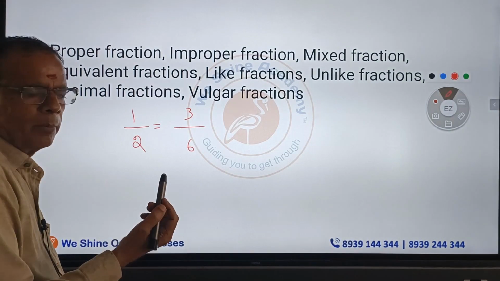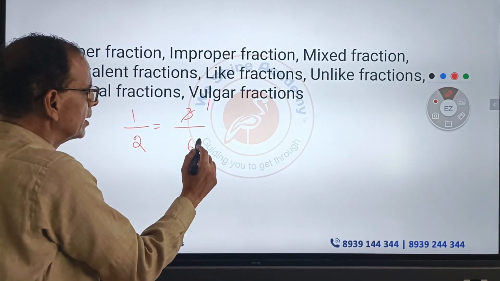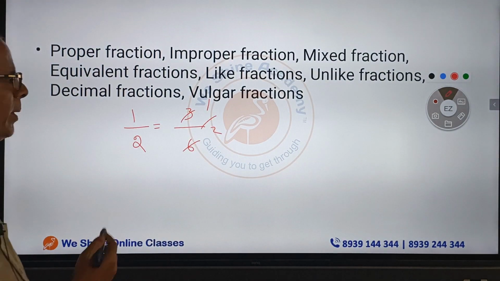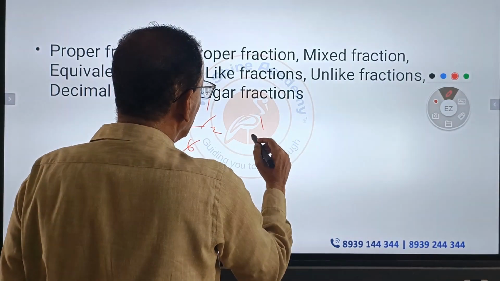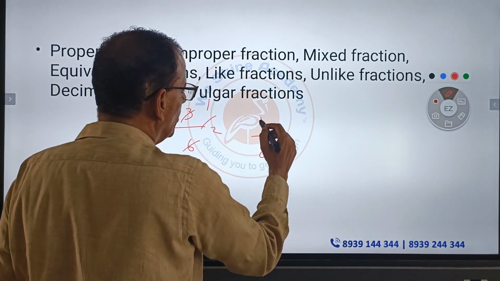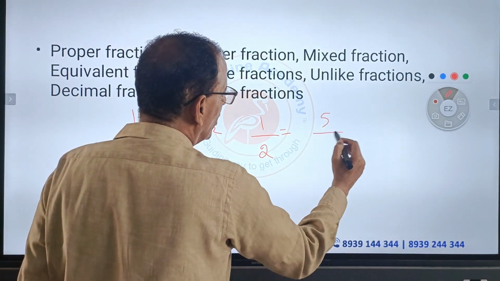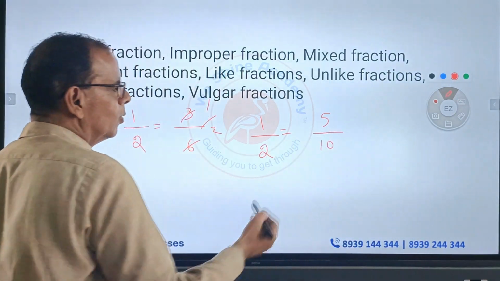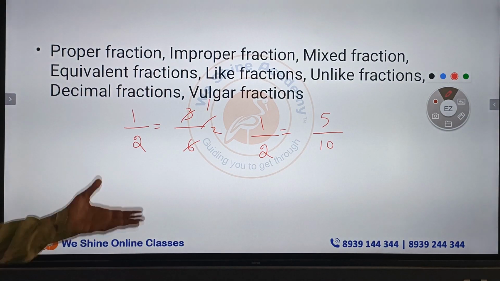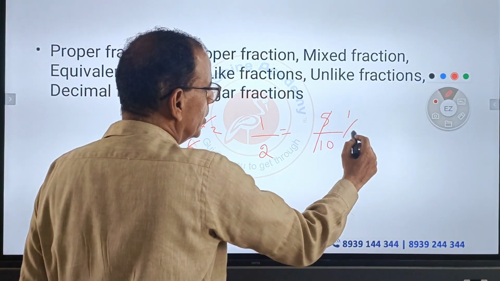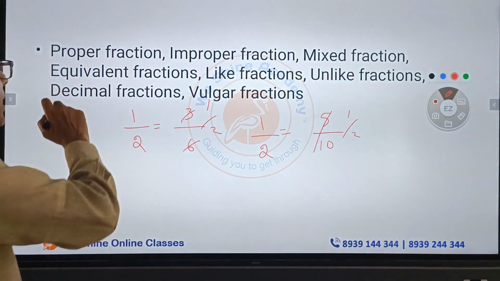Obviously it is equal, because if you simplify, 1 3s are 3, 2. You can multiply 1 by 2 by any number. Suppose I multiply this by 5 and this by 5. Equivalent fraction is 5 by 10. Because when I simplify, I get 1 by 2. That is equivalent fractions.